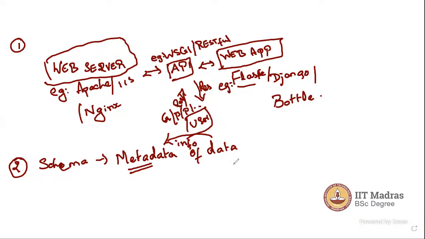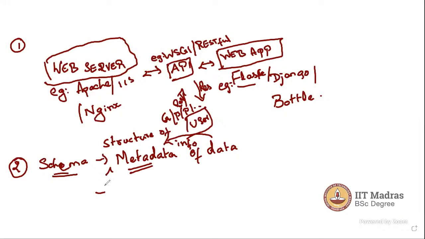So for example, before going to the example, first let me explain this schema fully, right? We know schema is providing a structure to represent the data, and that structure consists of information about the data, which is known as metadata, right? So that is schema. It is a metadata that tells us how our data is structured.